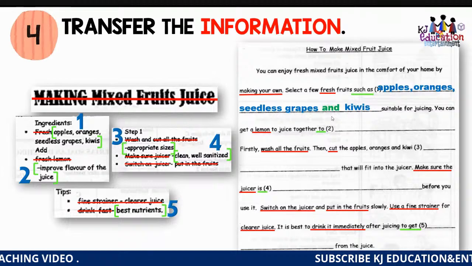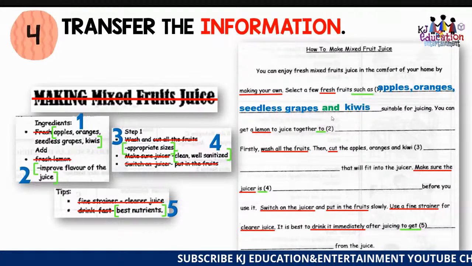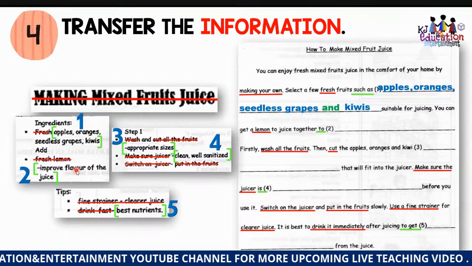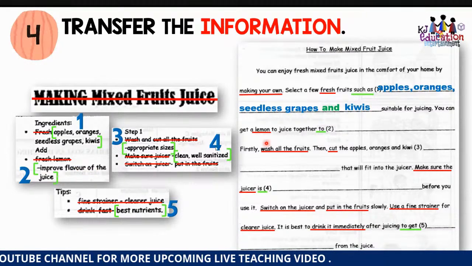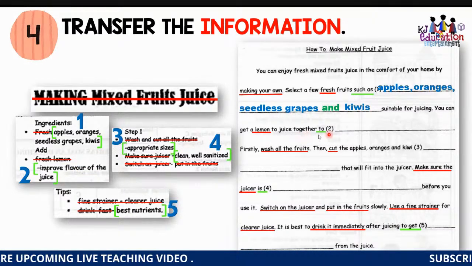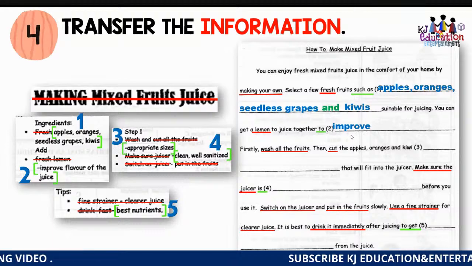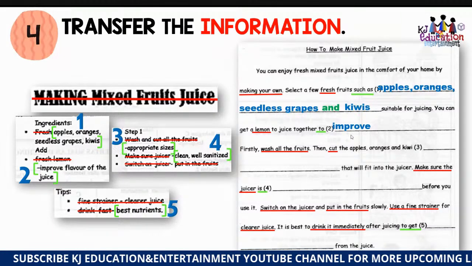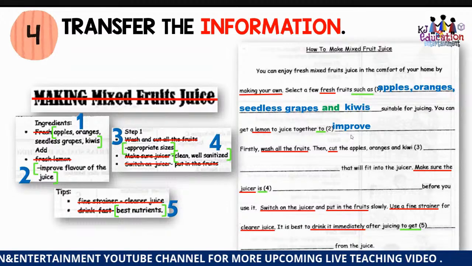Can we go on to number 2? All right. So if you look at number 2, improve flavor of the juice. So if you look at the sentence, to improve. Okay, what flavor? So this is going to be specific. All right.